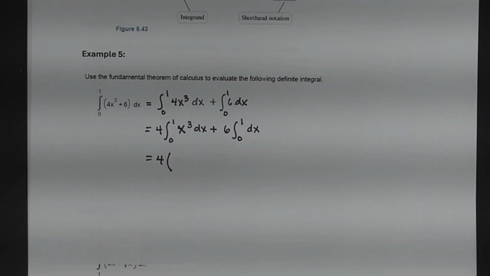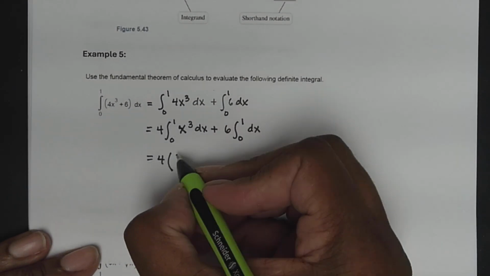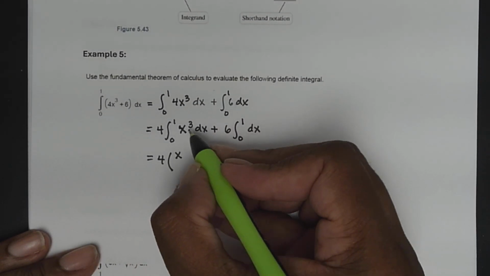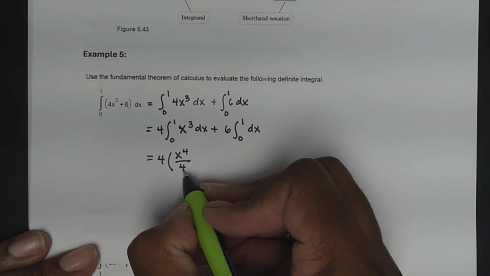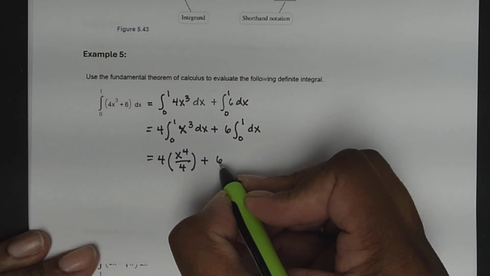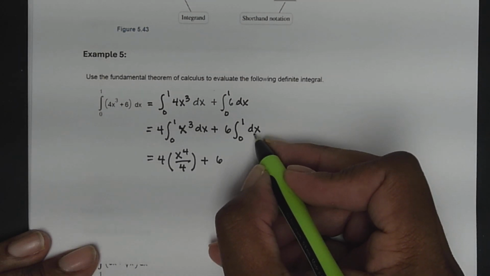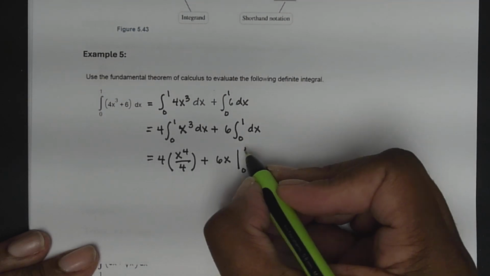For the integral of x cubed, we use the power rule by increasing the power by 1, so it'll be x to the 4th, divided by your new exponent, which is 4, plus 6 times the integral of dx. We just tack on the x. Now this is going to be from 0 to 1.